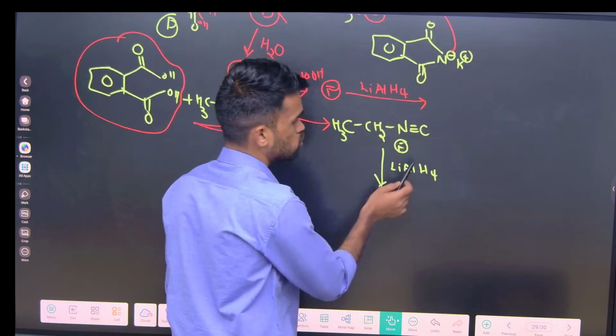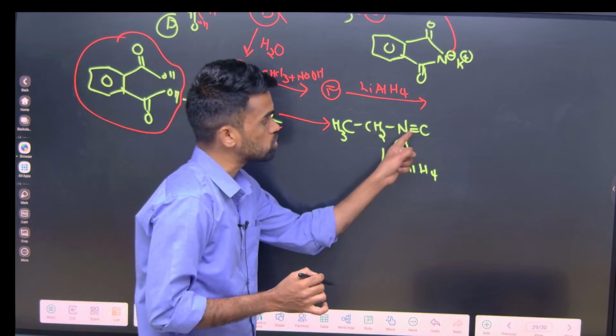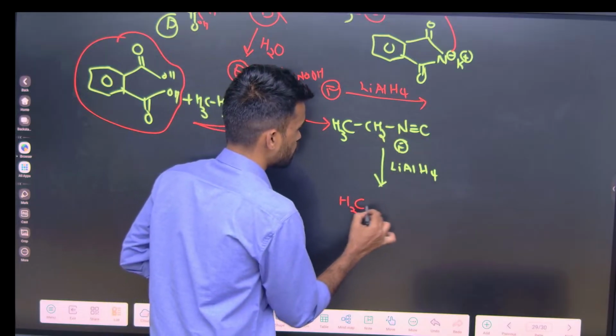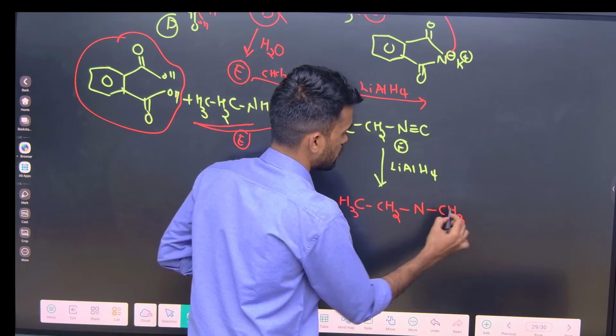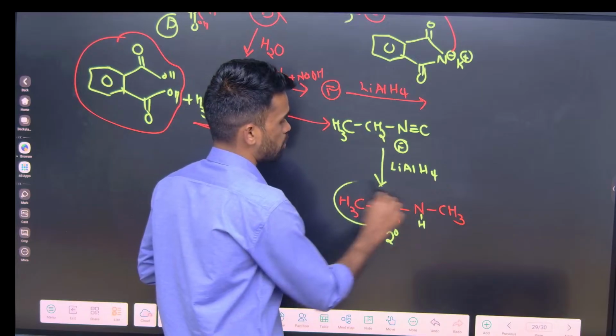Isocyanides give you secondary amines, because this terminal carbon will be converted into a methyl group. So CH3CH2 N CH3 and here hydrogen. So this is a secondary amine formed as a product.